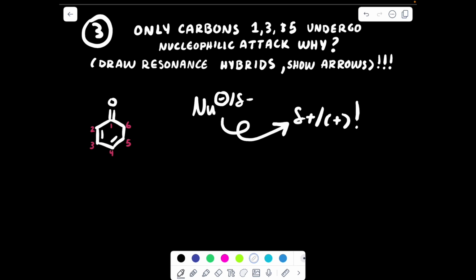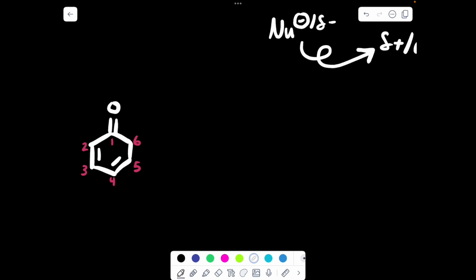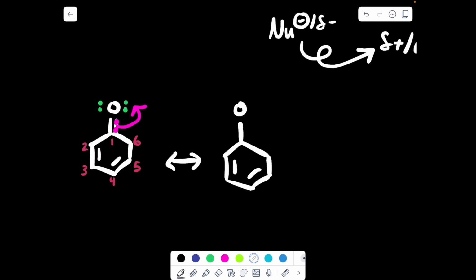Based on opposites attract, negative charges like things that are delta plus or positively charged. So let's draw some resonance hybrids and see where the positive charges are. Draw my first resonance hybrid. Let's say starting at carbon number 1, I see a pi bond. I'm going to flick this bond up to the oxygen because I want to see all the intermediate states. If I flick those 2 electrons up, then carbon number 1 goes into an electron deficit because the 2 electrons initially in that pi bond pop up in pink onto that oxygen.